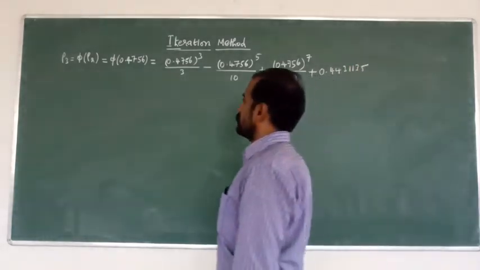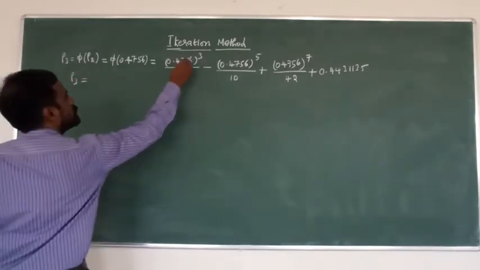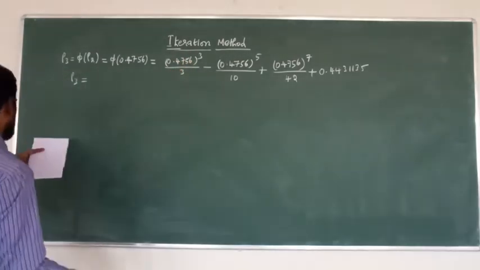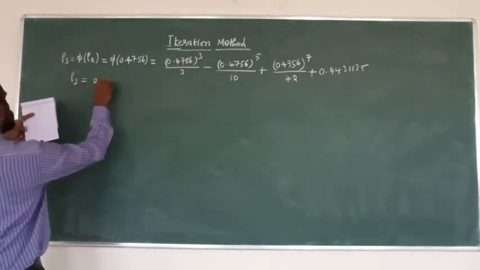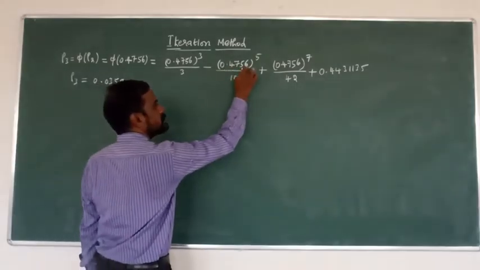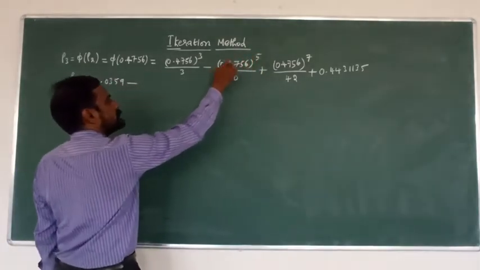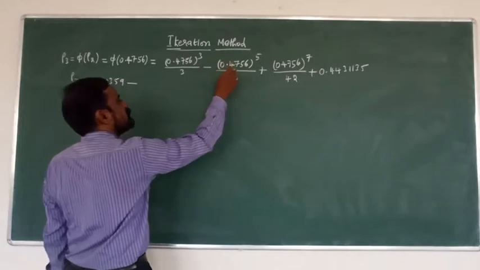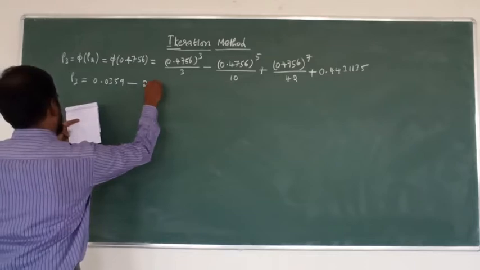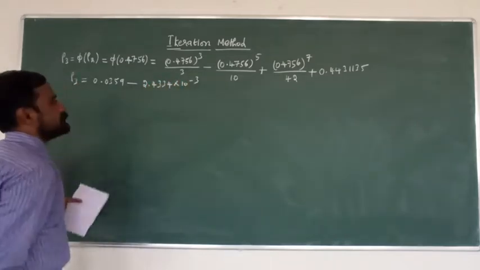0.443135. Now to simplify this one, rho 3 equal 0.4756 cube, that result divided by 3, we can get the result 0.0359 minus 0.4756 power 5, that result divided by 10, you can get the result 2.4334 into 10 to the power of minus 3.